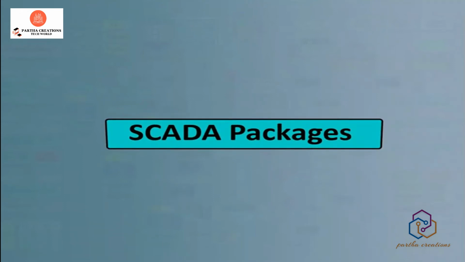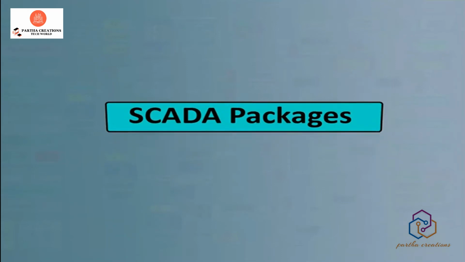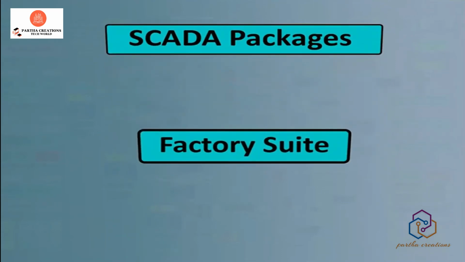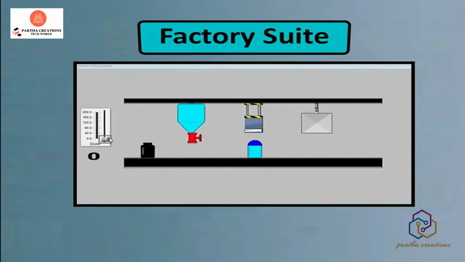Moving forward, there are a lot of different packages that are available for SCADA based on different requirements. The smallest package of them all is the factory suite, which is a basic package. It only has files to run the SCADA. So for example, if someone has developed a SCADA file, then we will only be able to run that file. One cannot edit or develop.